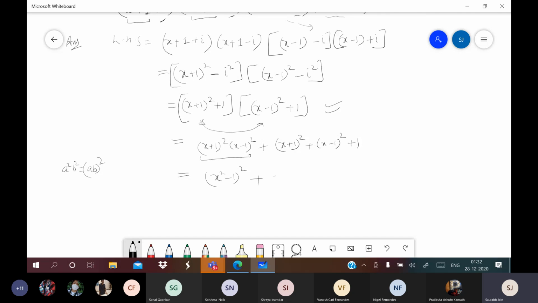Let us expand these terms. x square plus 2x plus 1. Then what about this? x square minus 2x plus 1. Then what else you have? 1, right? This will be cancelled. Now we expand this result. (a - b) whole square is a square minus 2ab plus b square.